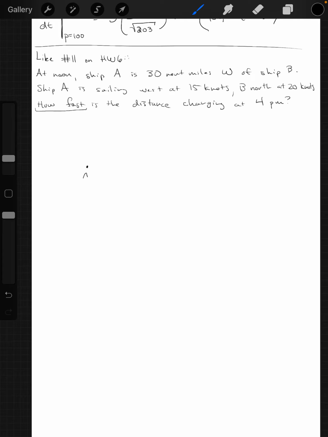So, ship A at noon and ship B at noon are here, and there's 30 miles between them. Then ship A starts moving at 15 knots, and ship B starts moving at 20 knots.